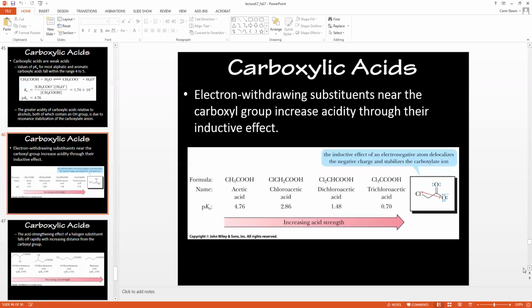If we think about carboxylic acids and electron withdrawing substituents that could be on that molecule, the more electron withdrawing substituents that are near the carboxyl group, that's going to increase the acidity through what we refer to as the inductive effect. So those are indicated here where we see a change in the pKa from 4.76 to 2.86 to 1.48 to 0.7 based on the number of chlorine atoms and the position of those chlorine atoms relative to the carboxylic acid.